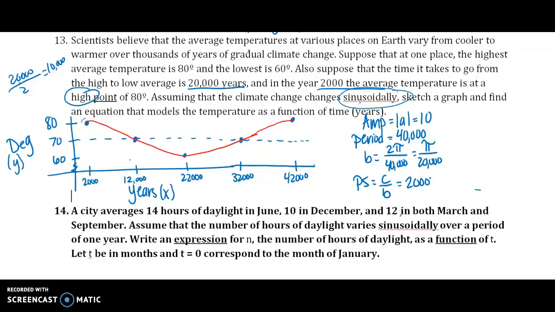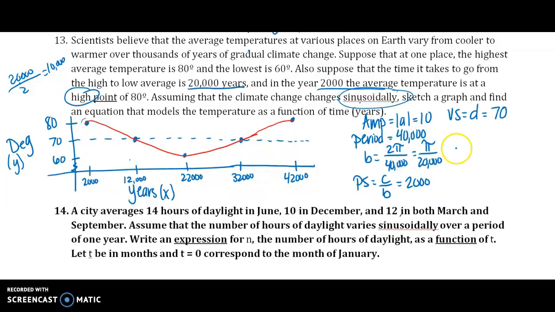So that's 2,000. And then the last part is the vertical shift, which is d. And so we look at the midline and we see how far above or below the x-axis did the midline shift. And hopefully you notice that the midline, this dotted line, moved from the x-axis up 70.